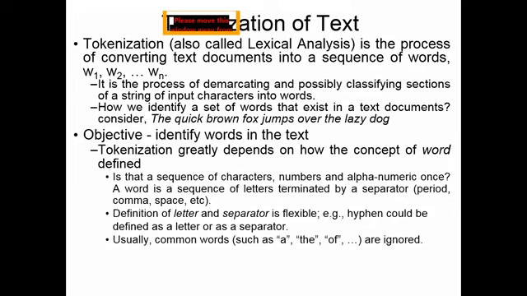Now, one of the issues for tokenization is defining the word itself. What does a word mean for information retrieval system? Is a word a sequence of alphabets, or a sequence of whatever character, including numbers, including punctuations? Such things should be decided.